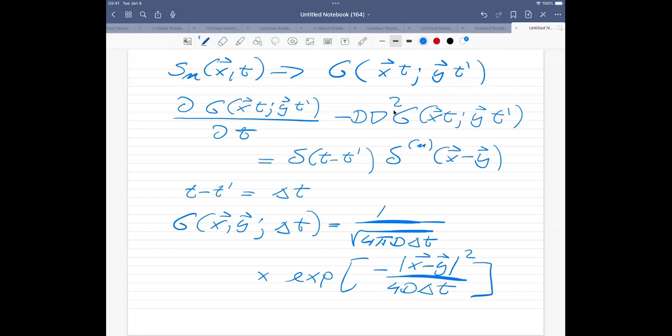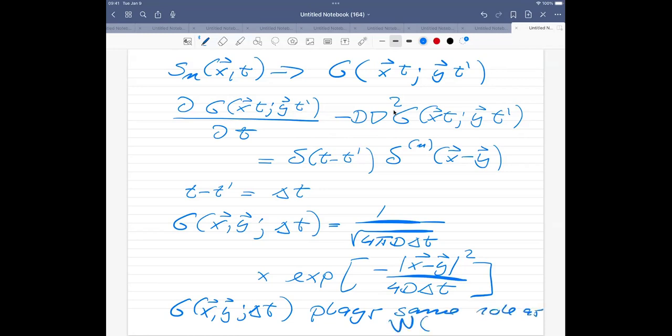So again, we said that the Gaussian is a fundamental distribution for the solution of the diffusion equation. But that means also that this function g here, g of x, y, delta t, plays the same role as a probability distribution, a transition probability, the same role as this probability of making a transition, which we discussed earlier.